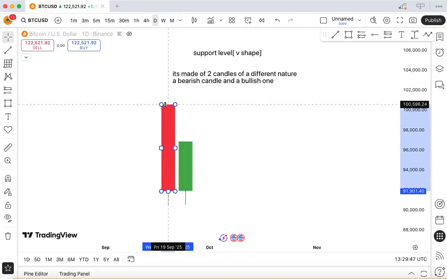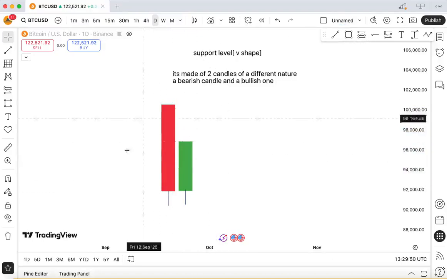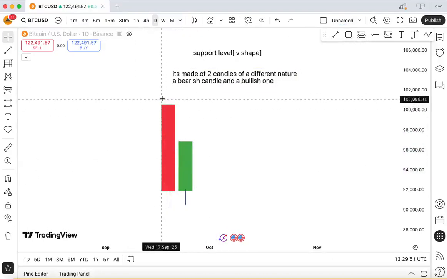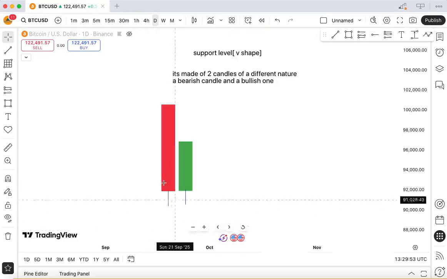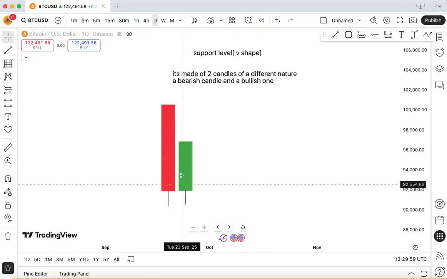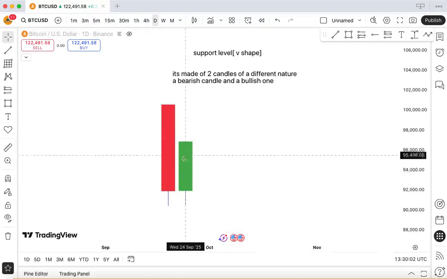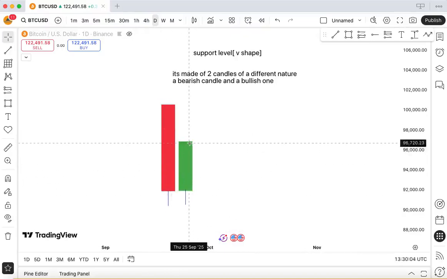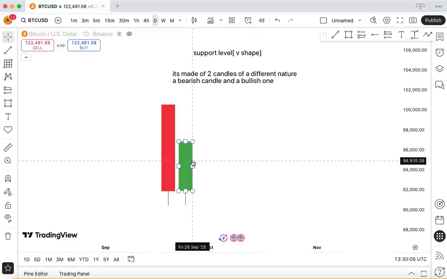Understand? We don't care about anything else. As long as you see a formation of a bearish candle and it closes, then you see an open, low, a high, and close of a bullish candle. So that is a formation of a bullish candle.